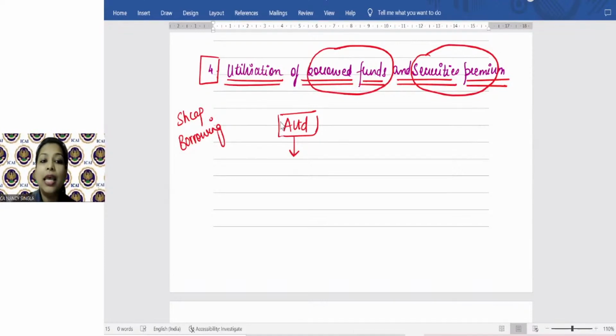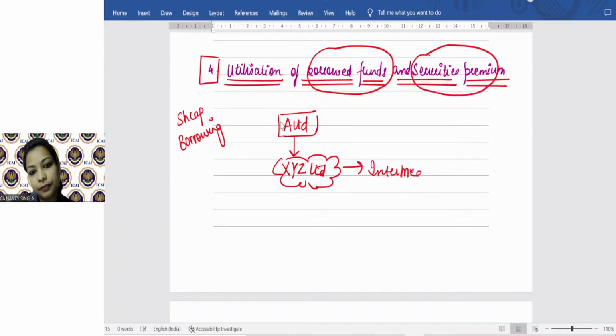Okay? A Limited has given these funds to XYZ Limited, which in the requirement given in your module is called an intermediary. So A Limited gives its funds to XYZ Limited with an understanding that XYZ Limited will invest these funds in another company on its behalf.